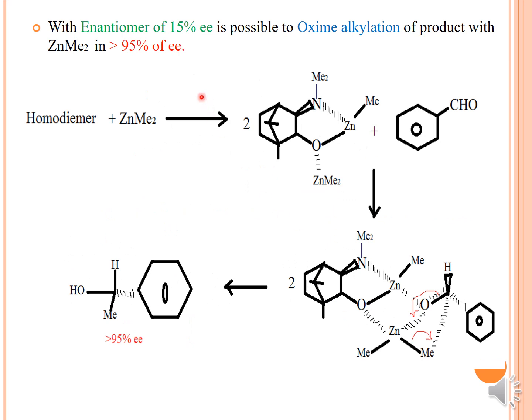In the next, here if we take the homodimer, with the enantiomeric excess of 15%, it is possible to get the alkylation product with this catalyst, that is dimethyl zinc, which will lead to a product with more than 95% enantiomeric excess. So you are taking the homodimer upon treatment with ZnMe2, that is your catalyst.